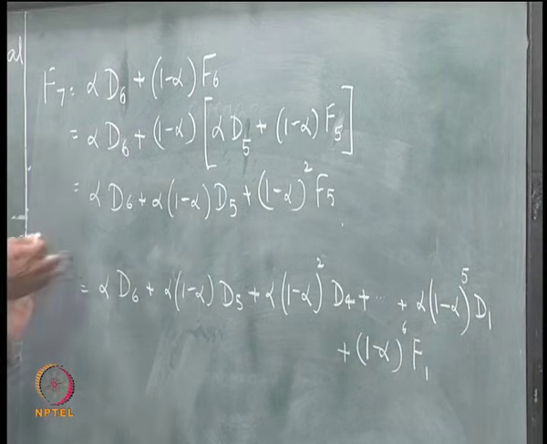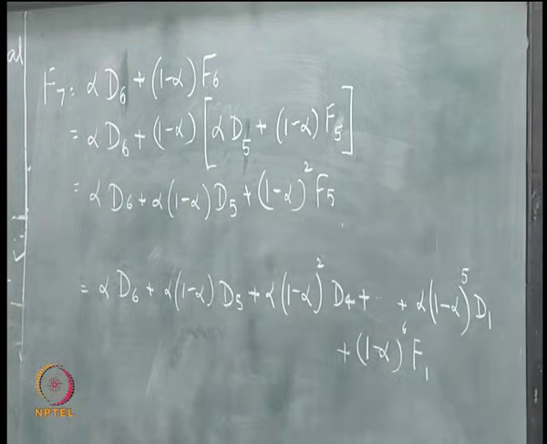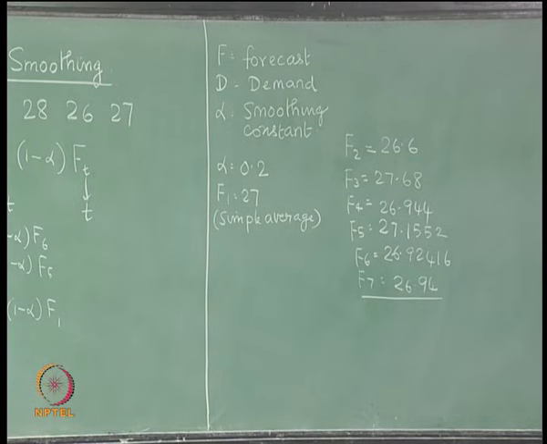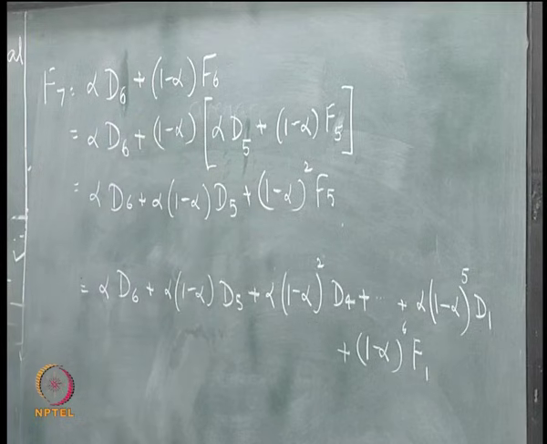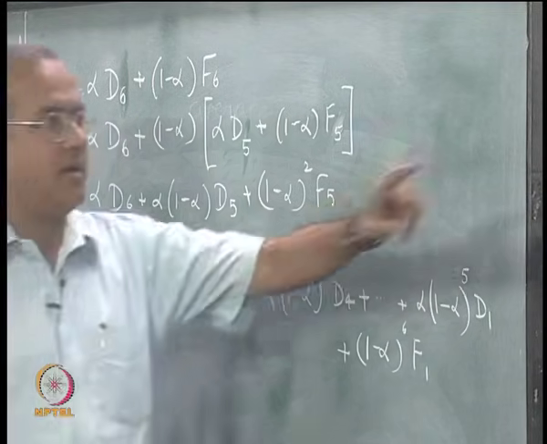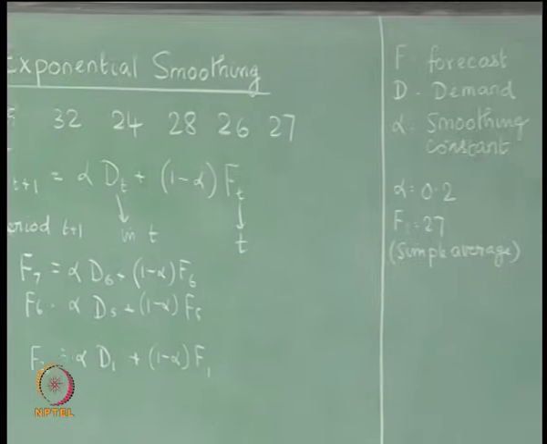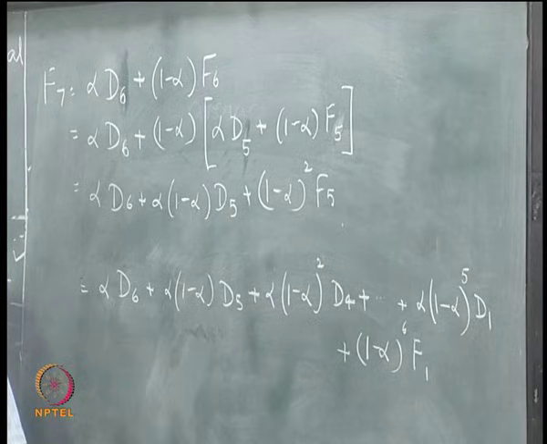Now if we look at this expression, what we have calculated as 26.94 here can also be calculated in a single pass by using D1, D2, D3, D4, D5, D6 from these values, using alpha equal to 0.2 and using F1 equal to 27.